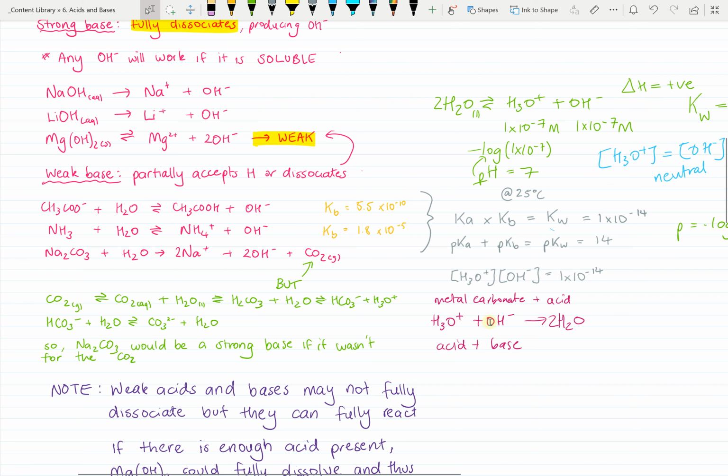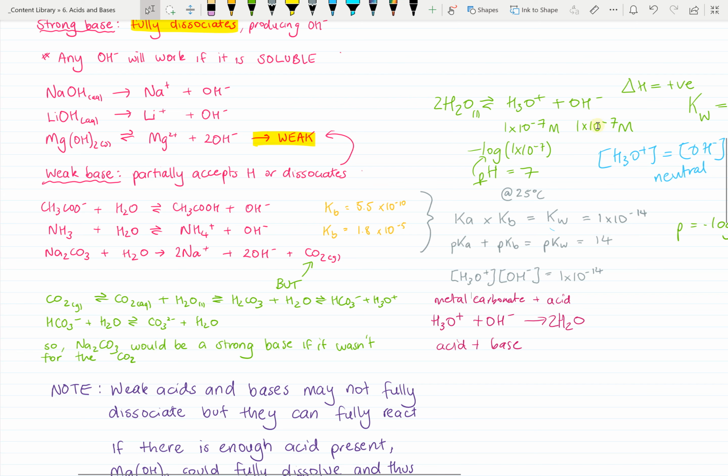The only time that you can have them even is when the solution's neutral at 25 degrees. That's when the pH is 7. But if the temperature changes, neutral can be a different pH. Because it's endothermic, when you increase temperature, you'll favor the products. So this might go up to 2 times 10 to the negative 7.